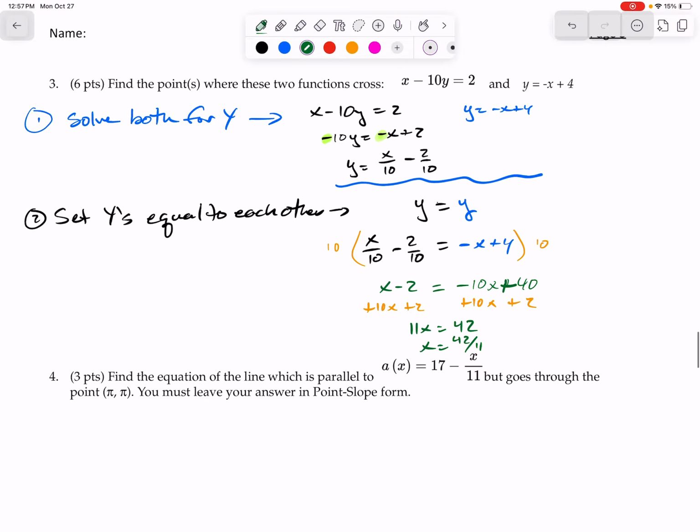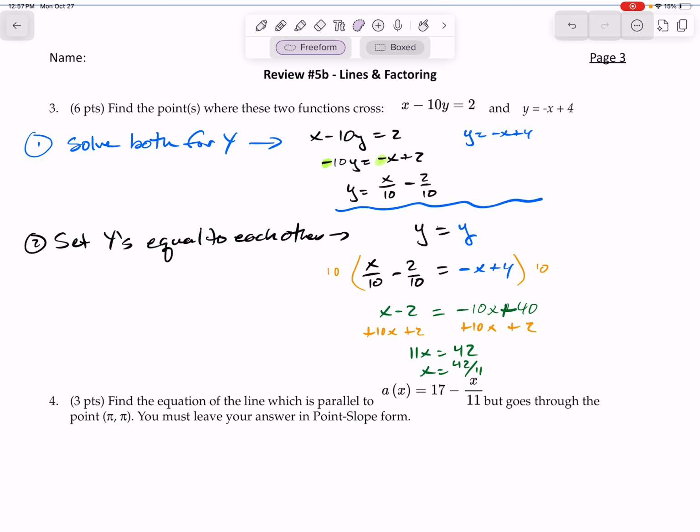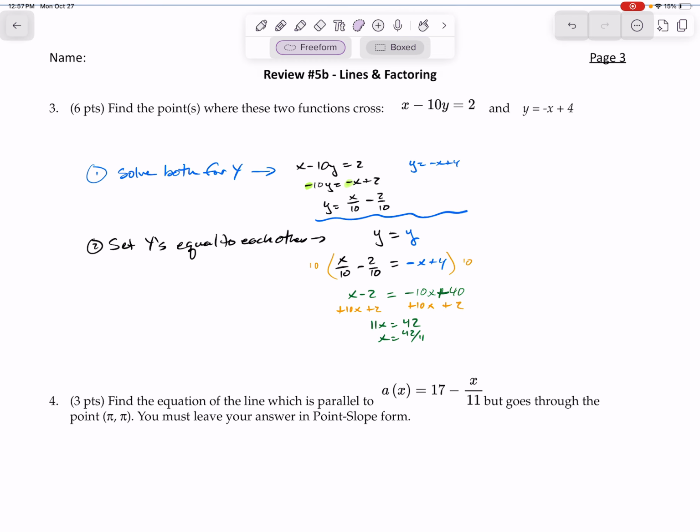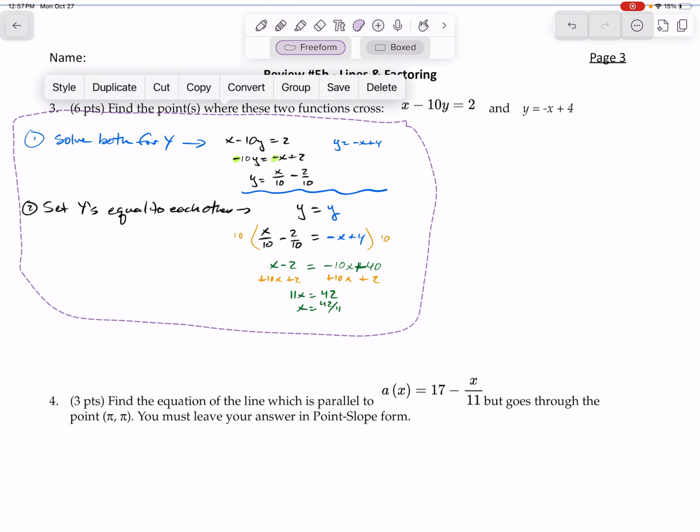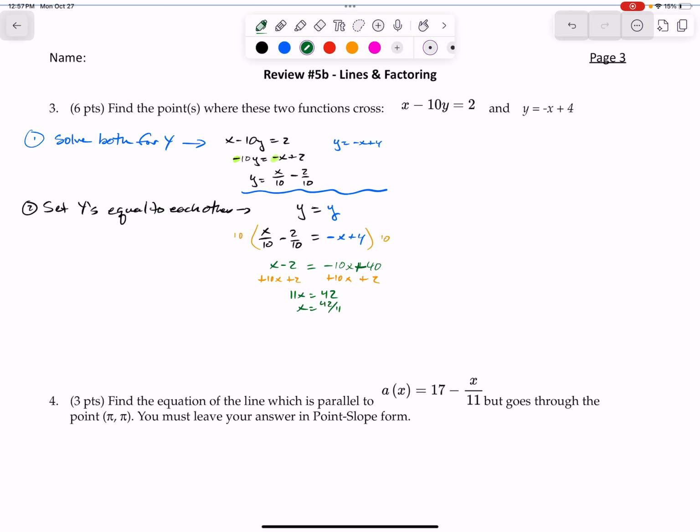And I need some space here, so let me make this all a little bit smaller. The joys of technology. So then step 3, plug to find y. Well, I choose to plug into there because it's a simpler equation. So y equals the opposite of 42 over 11.